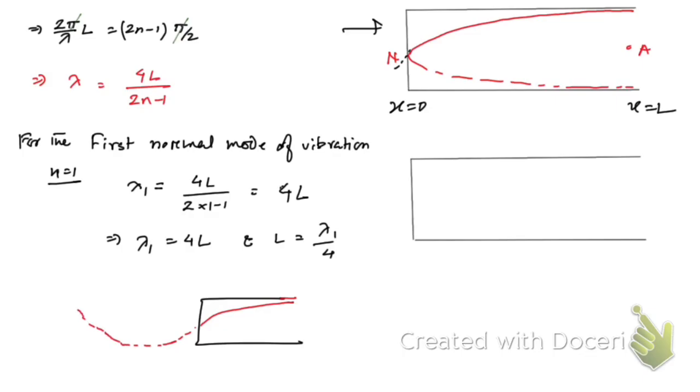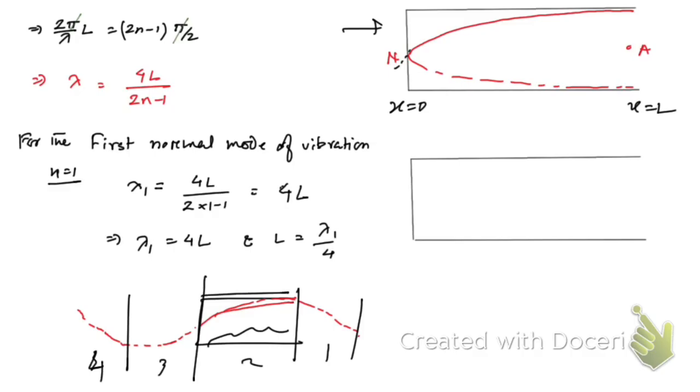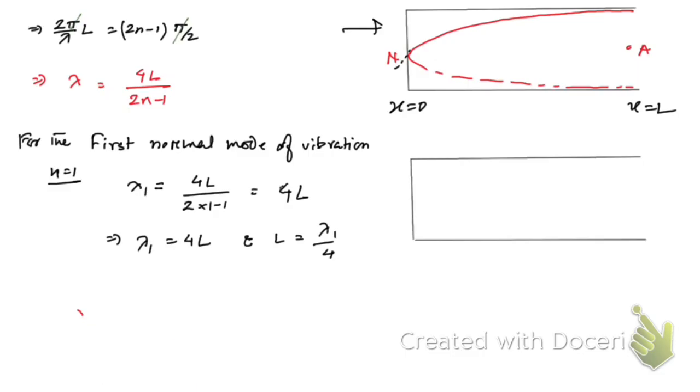Here you can divide it into 4 parts. This is 1 part, this is 2, this is 3, this is 4, and only 1 part out of 4 is there, which is inside the organ pipe. So 1 out of 4, that's why lambda 1 by 4. Hope you have understood this.